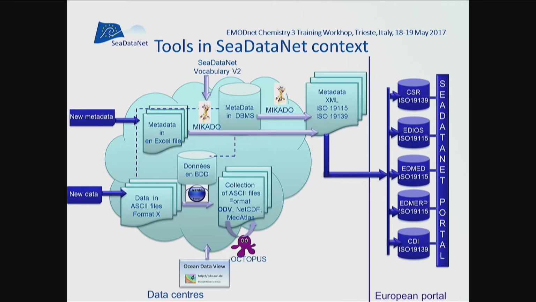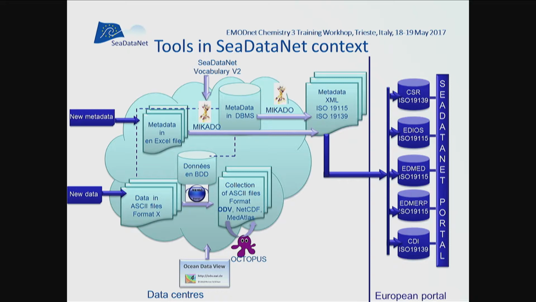Then to provide your data at CDataNet format, you will have to use Nemo to convert your ASCII files to CDataNet format files. Also, you will have to use ODV to quality check the data.